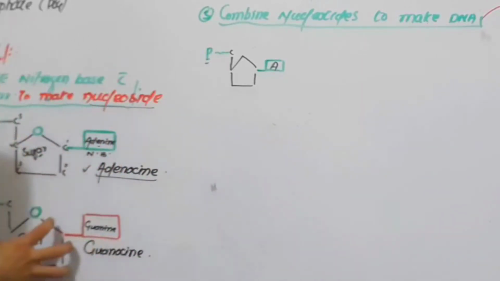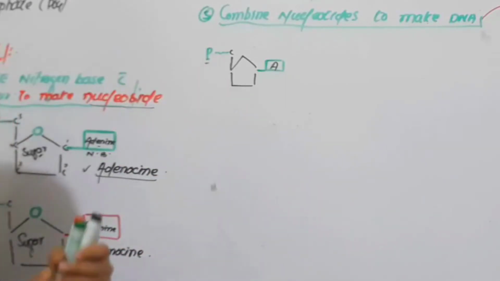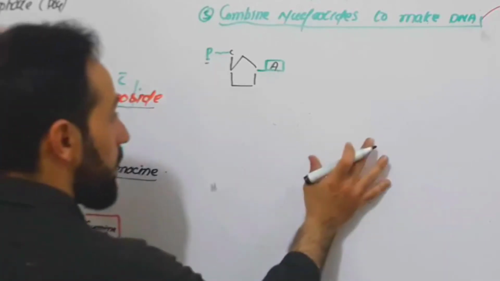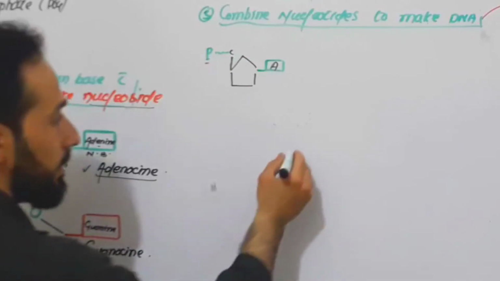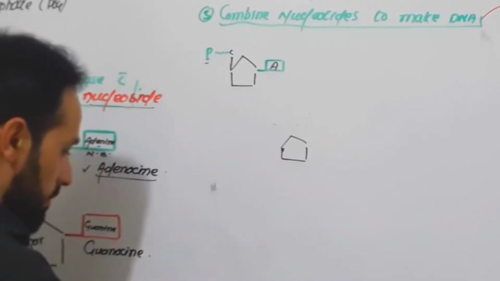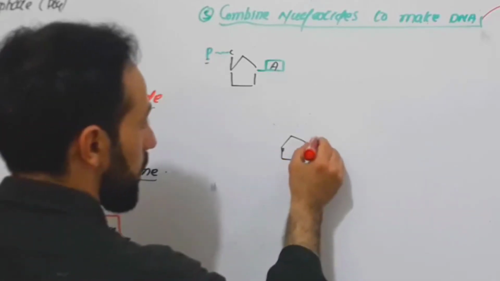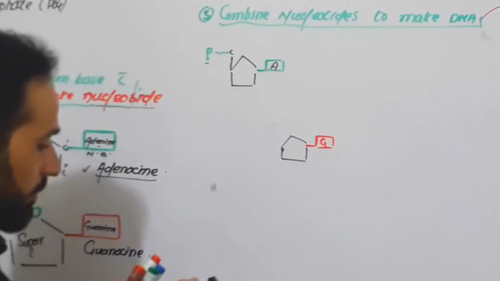Now if we bring the guanosine and we will make a bond between them, look carefully. When guanosine wants to come and makes bond with this, how will guanosine come? For example, this is your guanosine. Here you have G, guanosine, right?